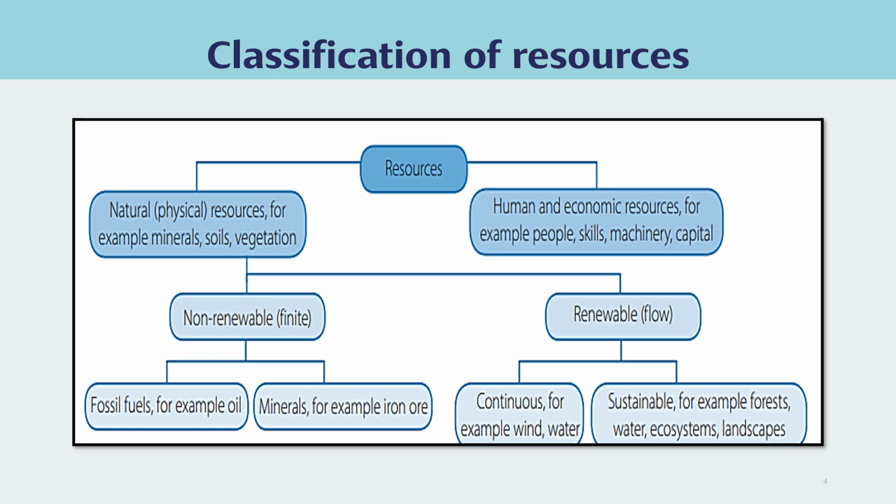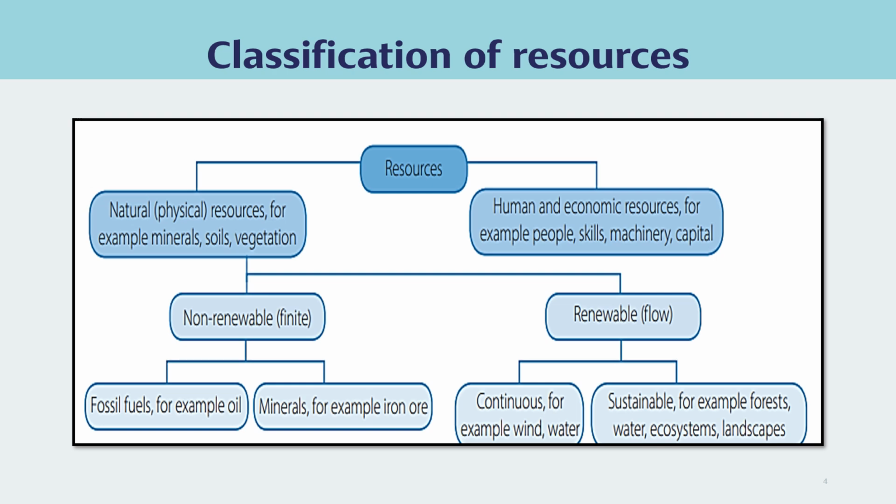Okay, but if we go to the left, let's look at natural resources. For example, minerals, soils, and vegetation. There's two sides to this, non-renewable and renewable. So let's look at the non-renewable.